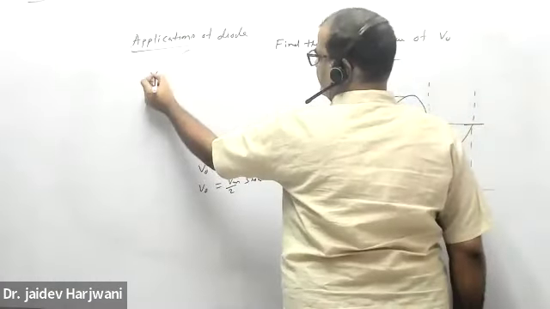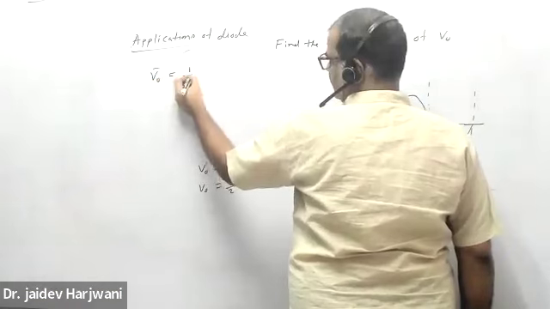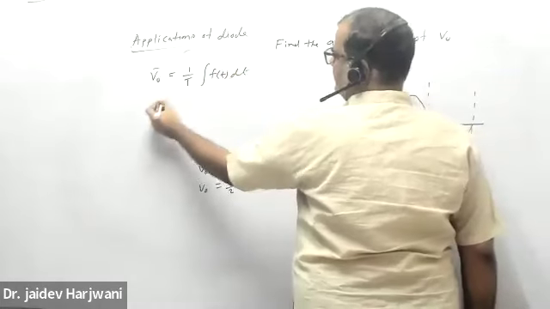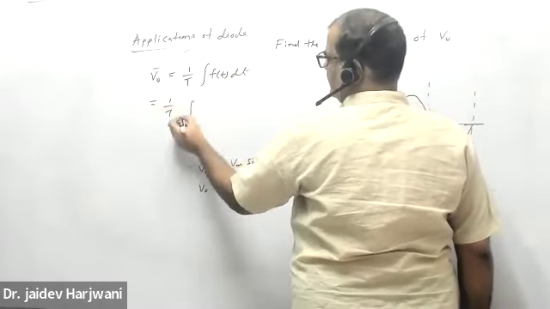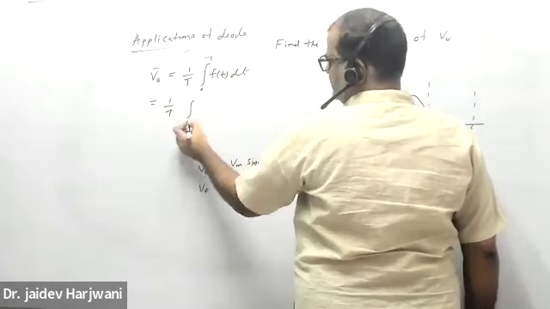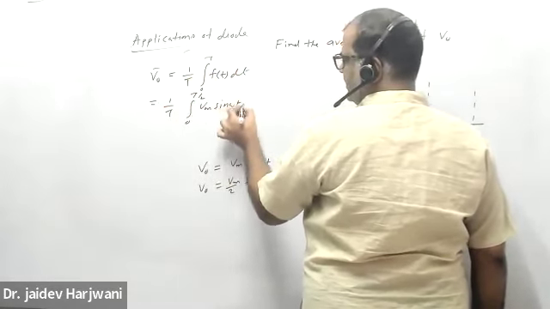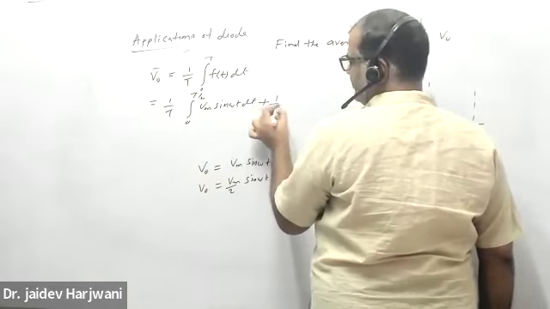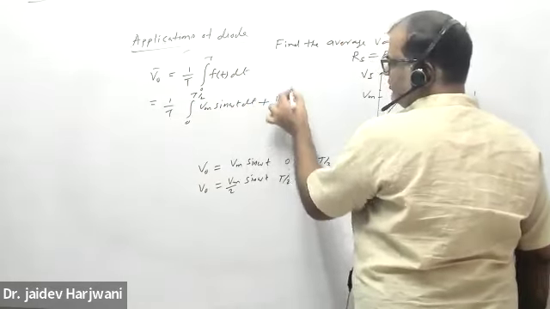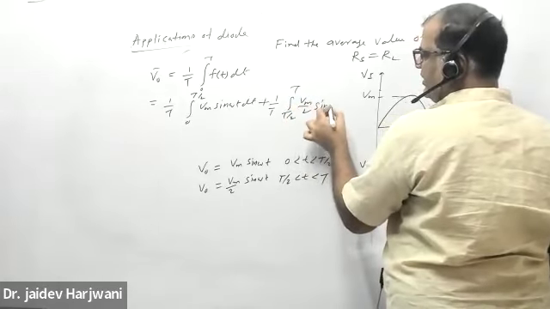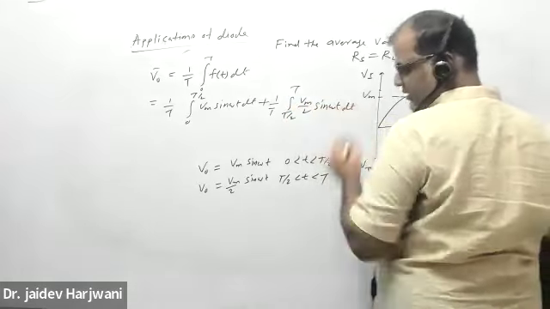So V average will be what? 1 by T integral of f(t) dt. 1 by T, integral from 0 to T by 2 of Vm sine omega t dt, plus 1 by T, integral from T by 2 to T of Vm by 2 sine omega t dt.